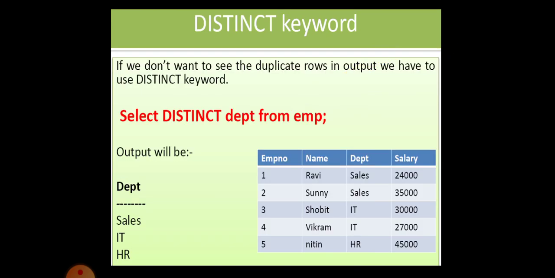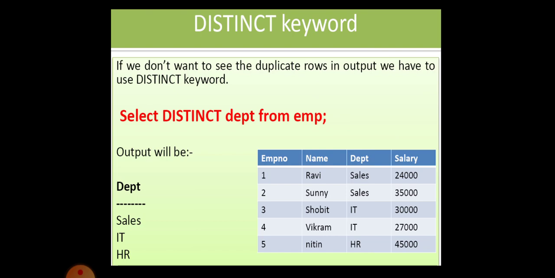Then, what is the use of the distinct keyword? If we don't want to see duplicate rows in the output, we have to use the distinct keyword. Look at the syntax given: select distinct column name from table name.